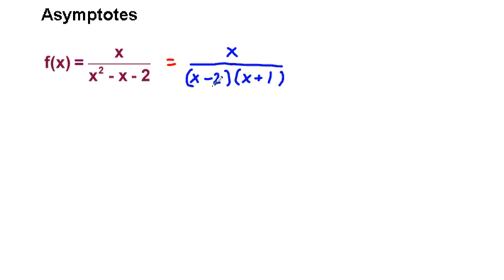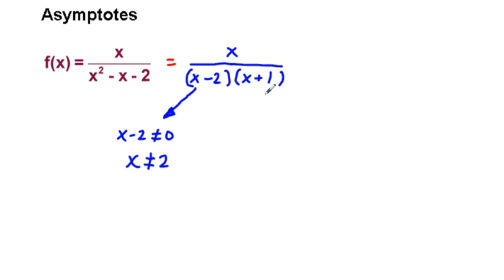And so we know that we cannot divide by 0 in mathematics or in algebra. So we know that if either of these factors is 0, the function does not exist. So we have x minus 2 cannot be equal to 0. So therefore, solving for x and adding 2, x cannot equal 2.